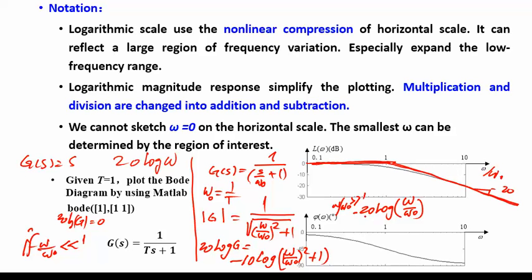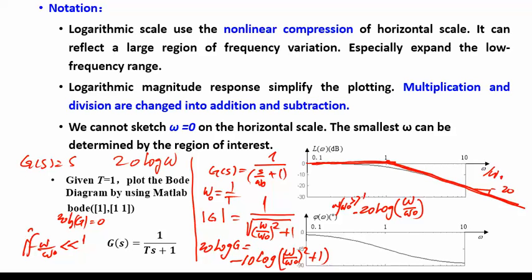It is minus 20x. It starts from here. The slope is minus 20 because we are doing omega over omega 0. When omega over omega 0 is 1, 20 log 1 is 0. So it starts from 1, 0, right?